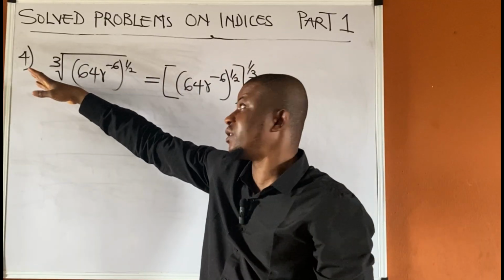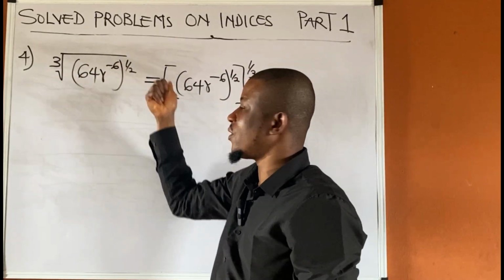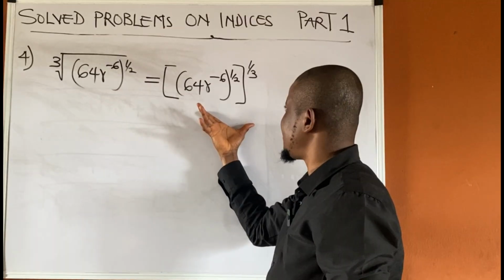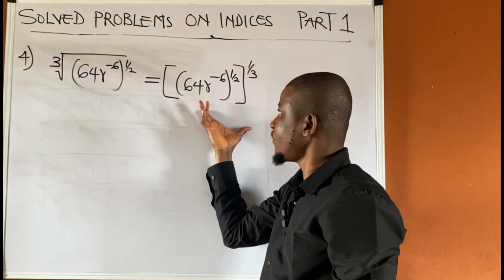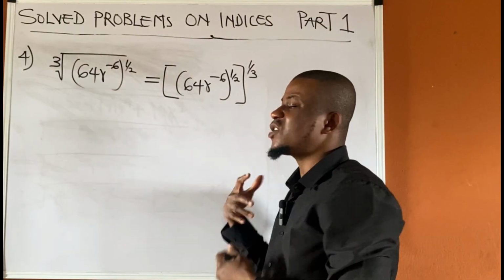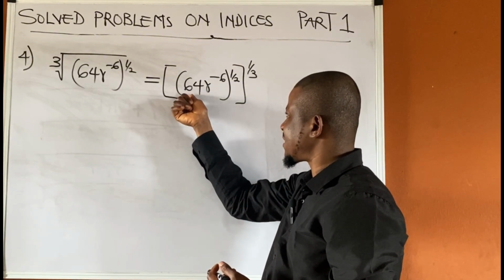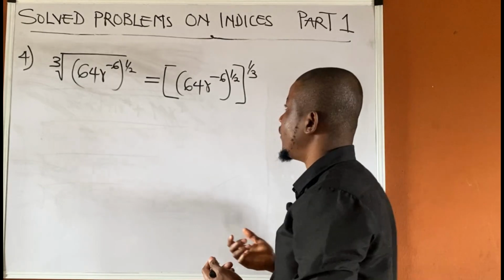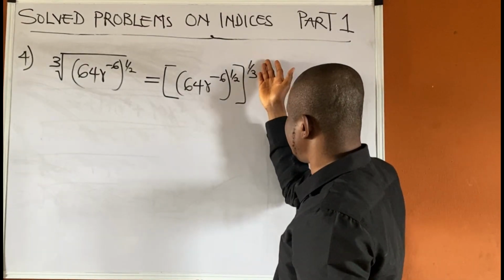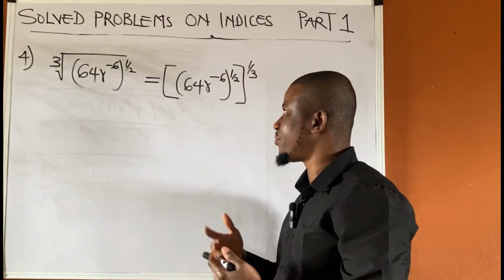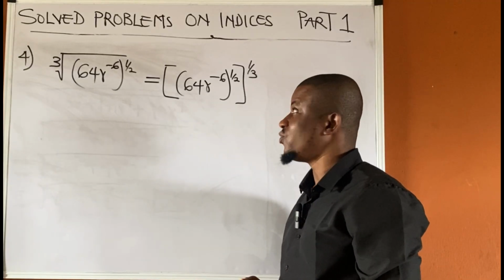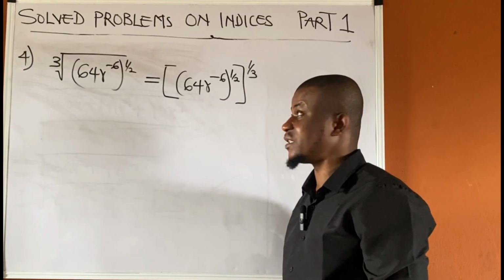That is just the simplification I'm doing here. We can start solving this problem from inside, I mean simplify 64 to its index form, or we can gradually break in from outside. Any approach is fine, as long as you are using the right laws of indices.